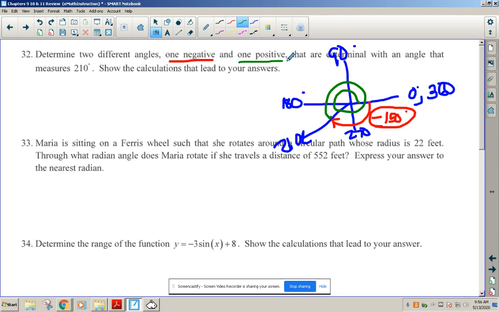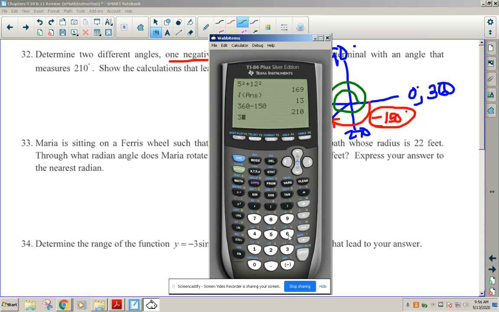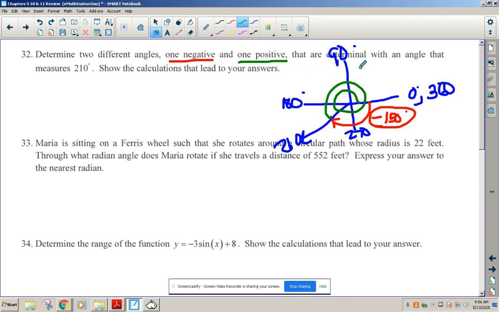So now for my positive, I need to have 360 plus 210. And that gives me 570. So my green positive rotation would be 570. So coterminal, lesson 1.